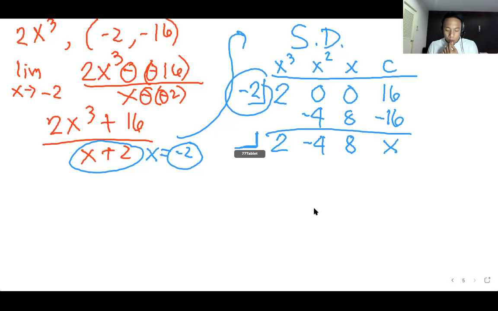So here we have 2, 4, 8. Let's see. If we will use 2, cannot. Okay? If I will use negative 1, so negative 2, negative 6, also cannot.